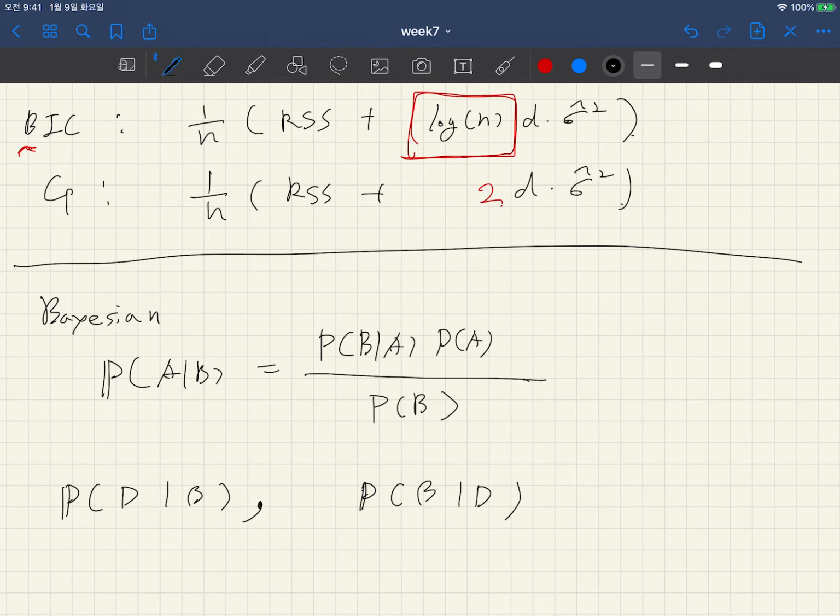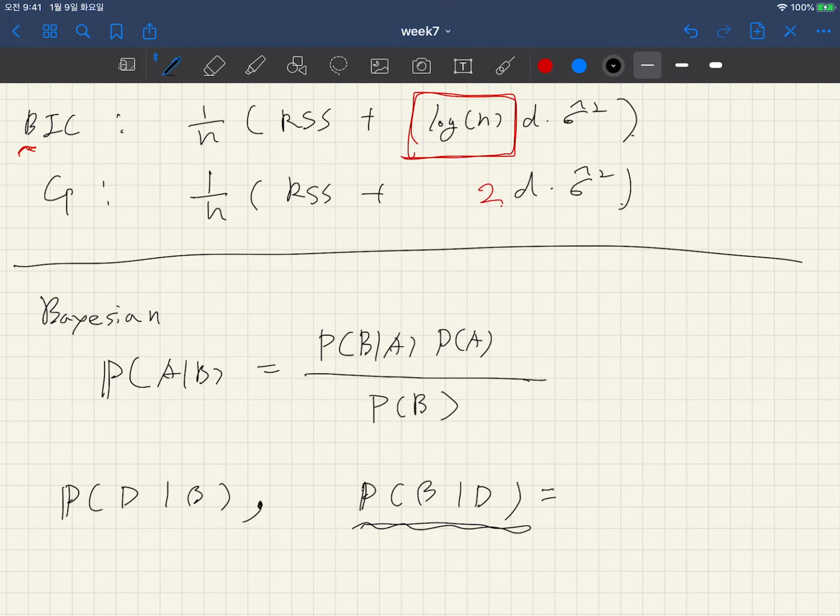For your given data points, what is the probability that your ground truth model is equal to beta? So this is more interesting in some cases. But the problem is, this is extremely difficult to compute, and we need some additional assumption as well.